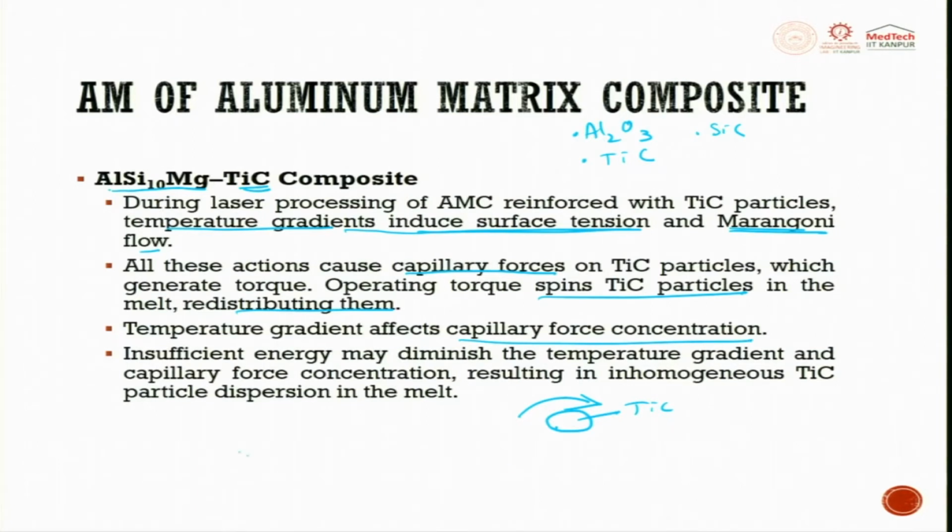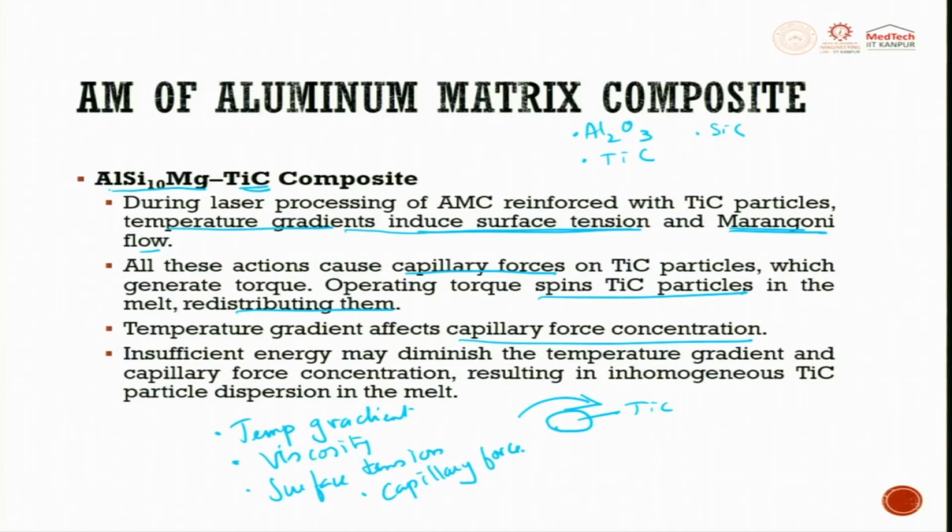Invariably, what they talk about is temperature gradient, an important parameter. From there you talk about viscosity, then surface tension, then capillary force, then Marangoni flow and force. So these are the things which are there.